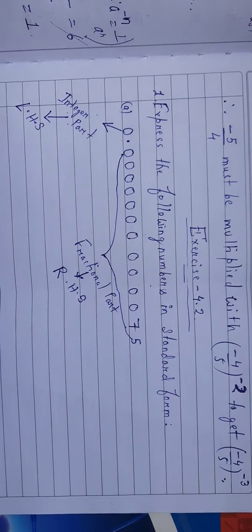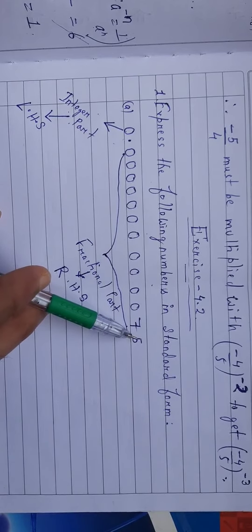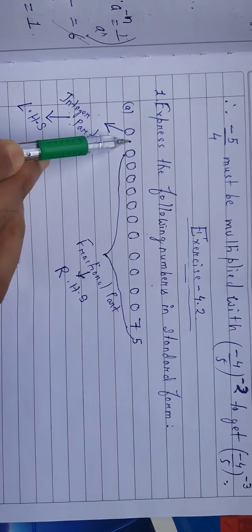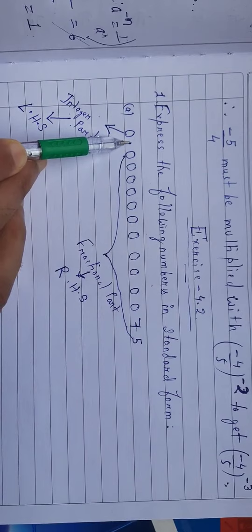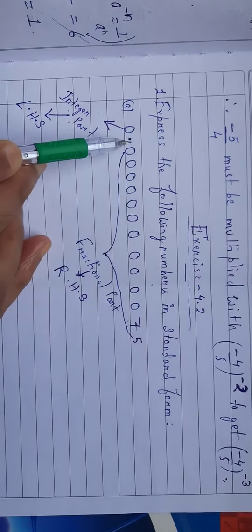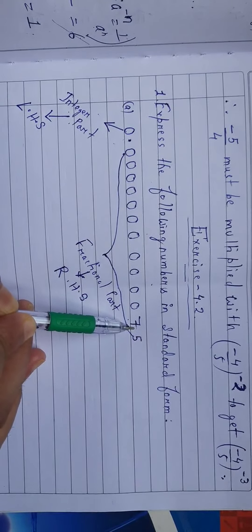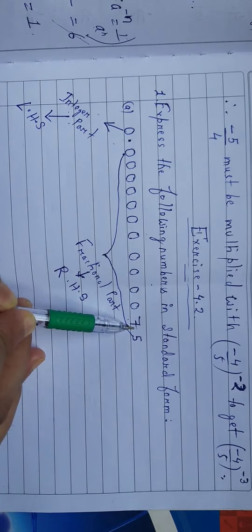Now to convert this number into the standard form, remember, if the decimal point is shifted to the right hand side, then the sign of the exponent or the power becomes negative.